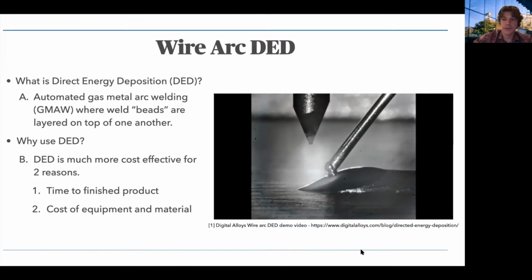And then the cost of equipment compared to other metal additive manufacturing equipment is much less, as you can see when you have a wire and an arc, it's a little less complicated than having a powder bed. And for our application, the wire and arc, as it's shown in the video to the right, is all in one.